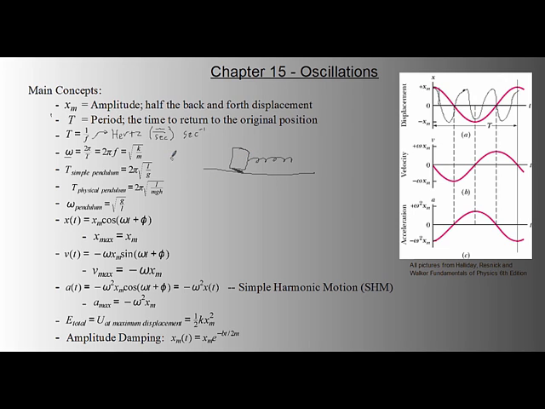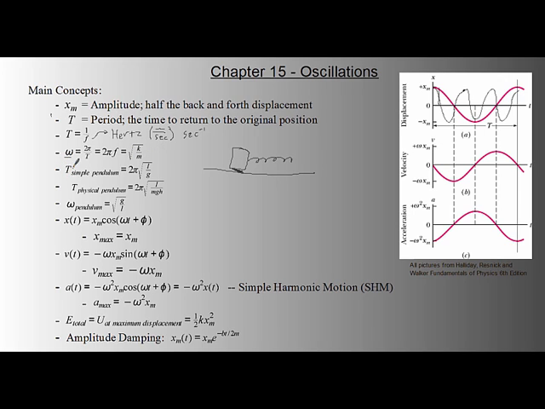As you can see, the higher the spring constant, the higher the frequency. So the stronger the spring, the higher the frequency, and the heavier the mass, you can probably imagine something more massive is going to be harder to move back and forth. So that's going to decrease the oscillation frequency.